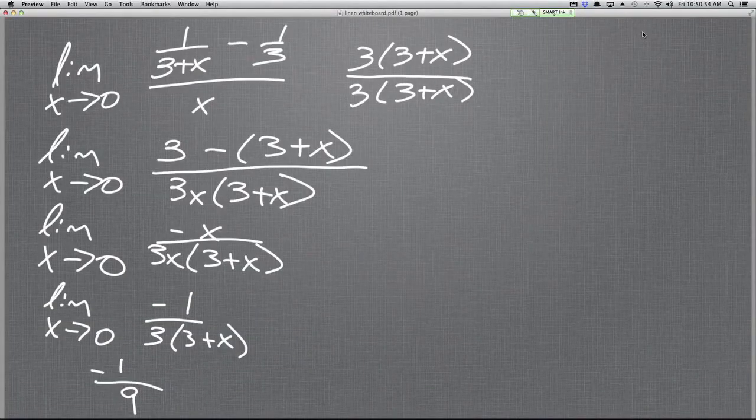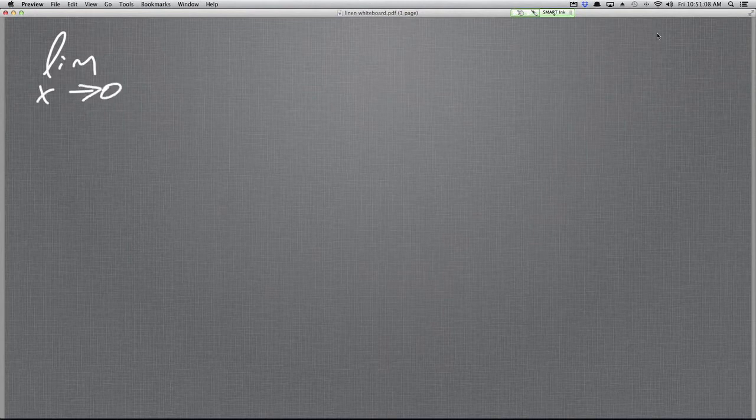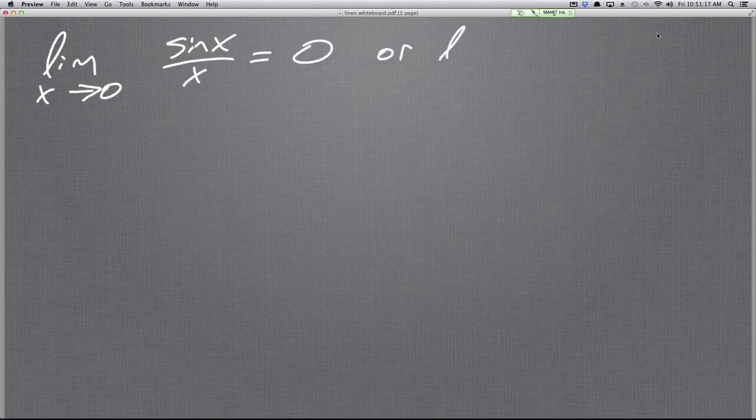Now I want to look at a couple of the trig limits and then we'll be done for today. There are two special trig limits that we need to have memorized. There's kind of two forms of the first one.